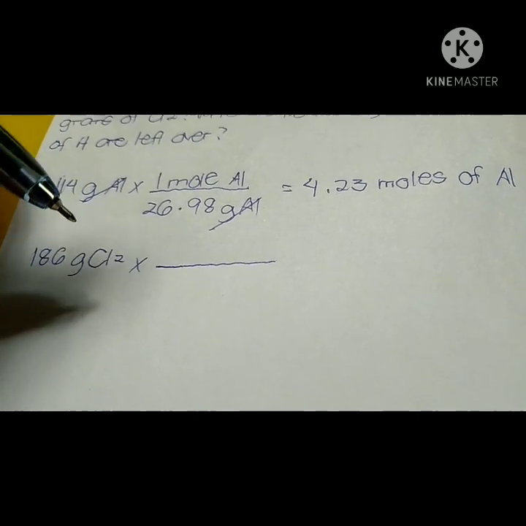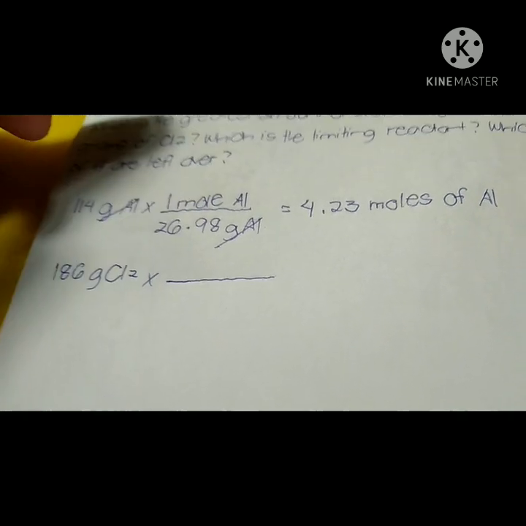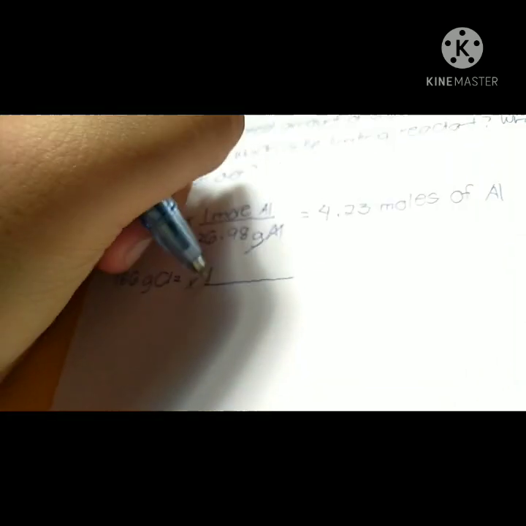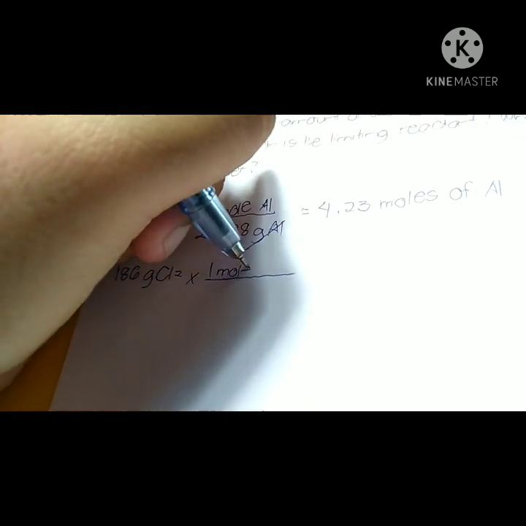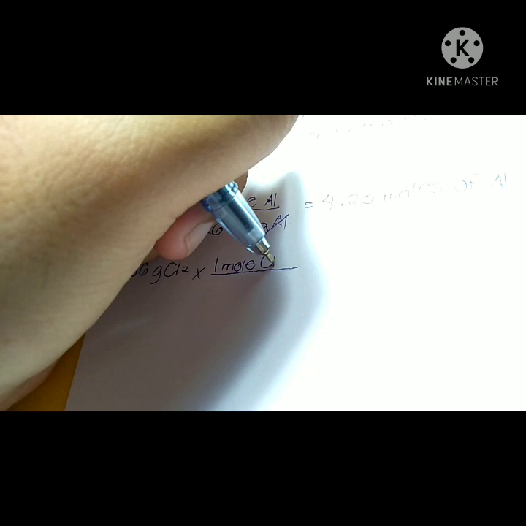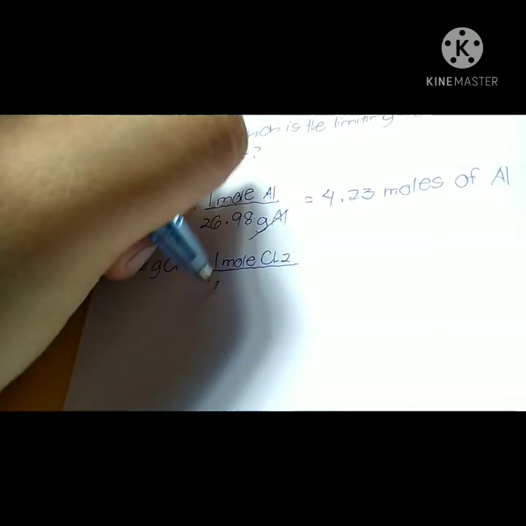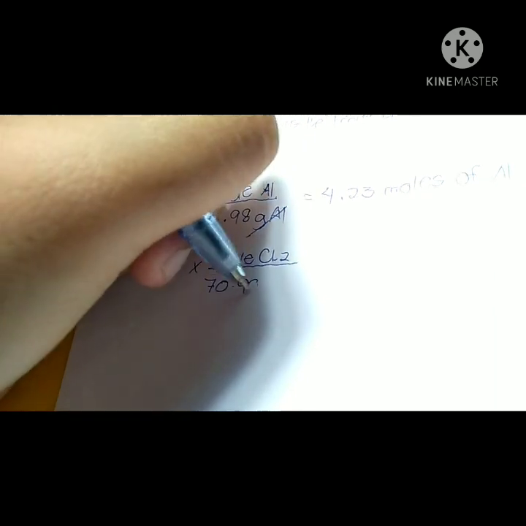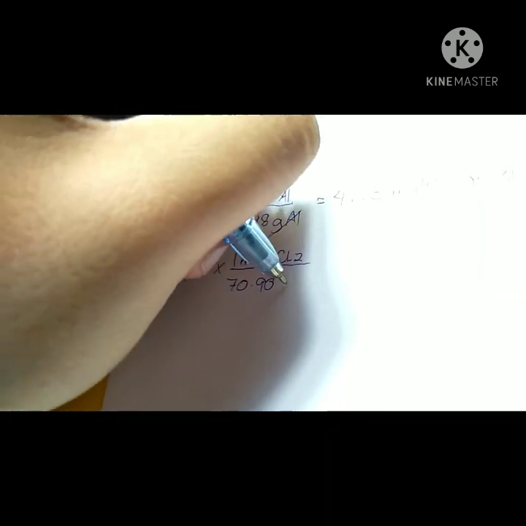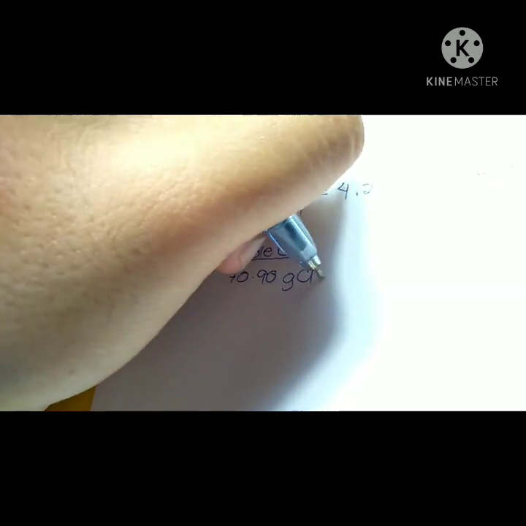I want to get rid of grams Cl2, so I'm going to put 1 mole Cl2 at the top and 70.90 grams Cl2 at the bottom.